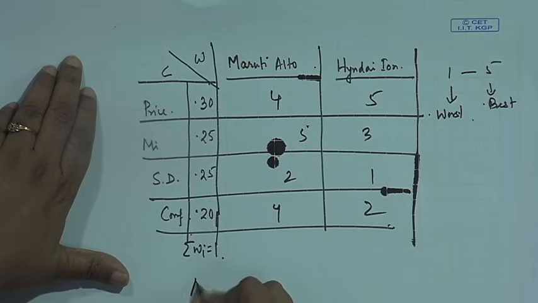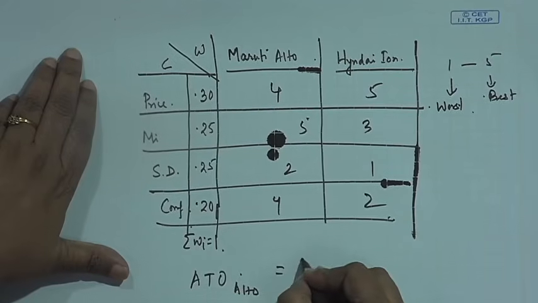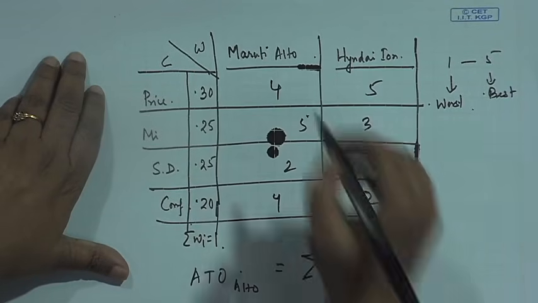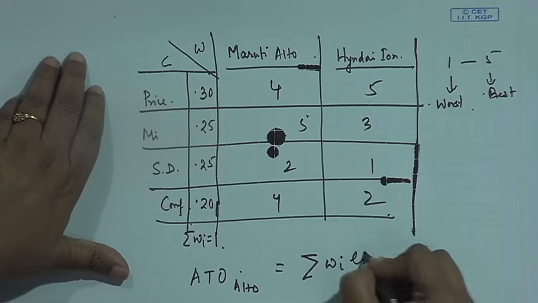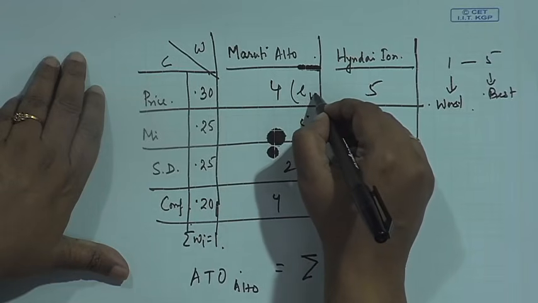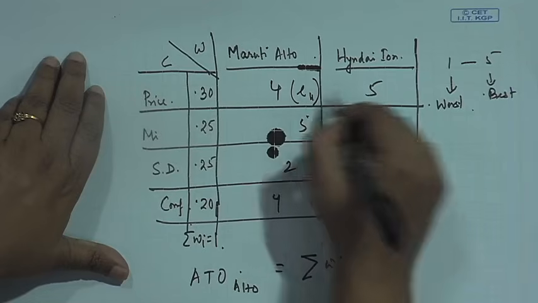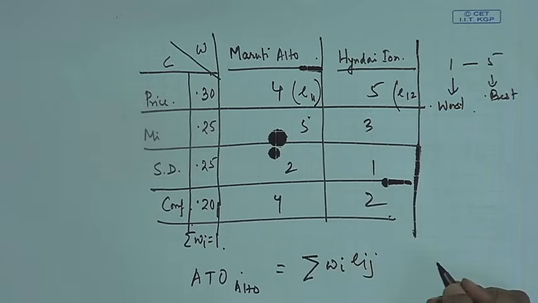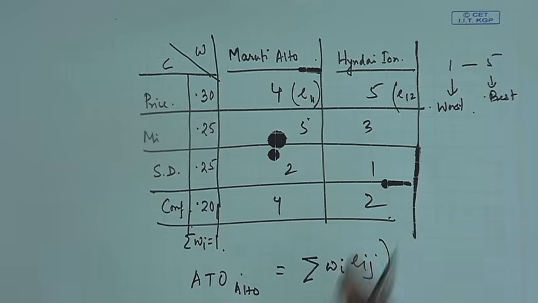According to the ATO model, if I want to find the attitude towards the object, say Alto, I will use the formula sigma Wi into Ei. Ei is this cell, E11, this is cell E12. I will write Eij rather, because I am actually talking about two products, not one product.